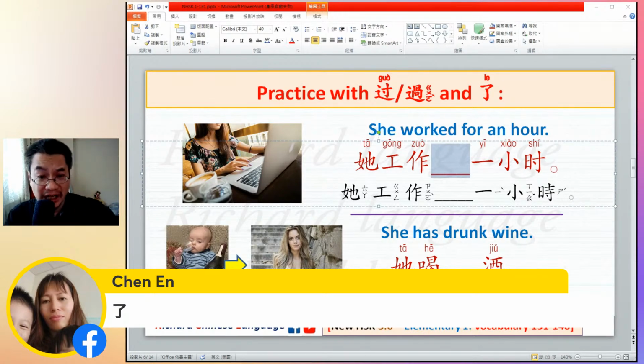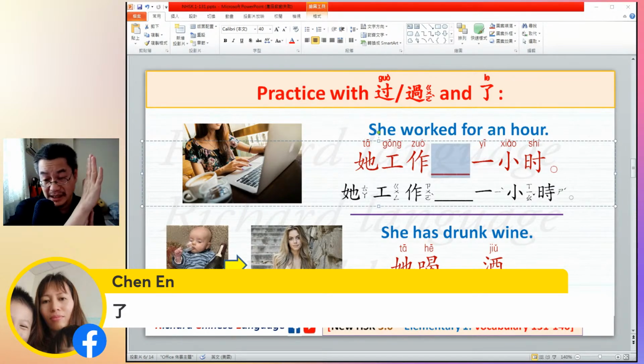她工作了1小时. That means she worked. Okay, maybe she started to work from this period of time and work till now. Okay, that means 工作了. And the fact still remains, which means, I think she is still working now. You're not talking about the past experience.